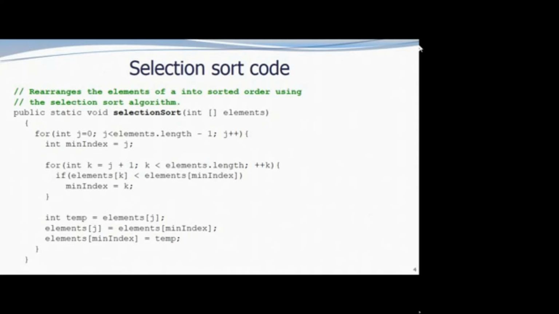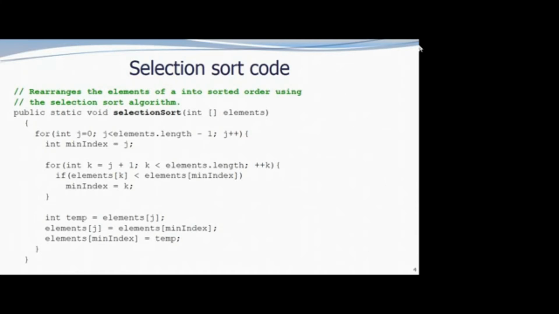Then k equals 3. I check again whether the element at k is less than the one at the min index. This is me checking for the minimum. It'll keep doing this until it gets to the end of the list. So now it's checked from 0 all the way to the end, looking for the minimum index.